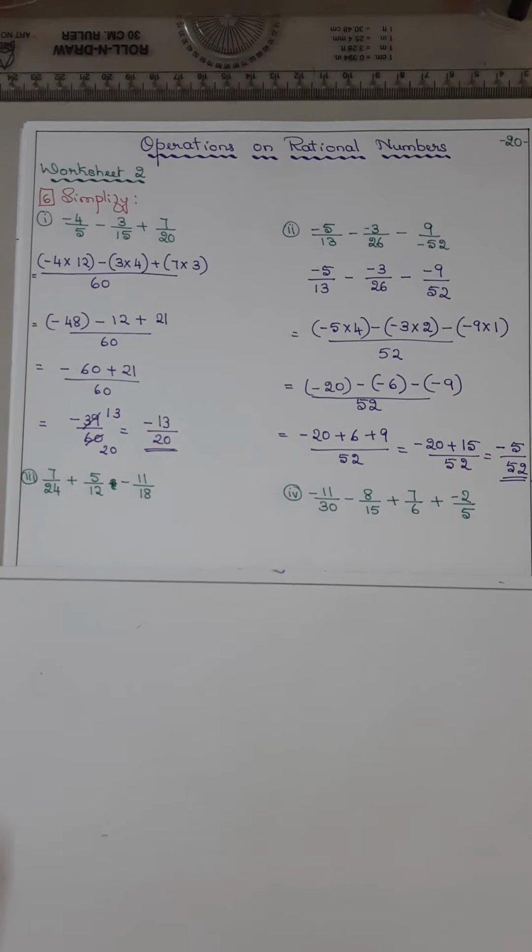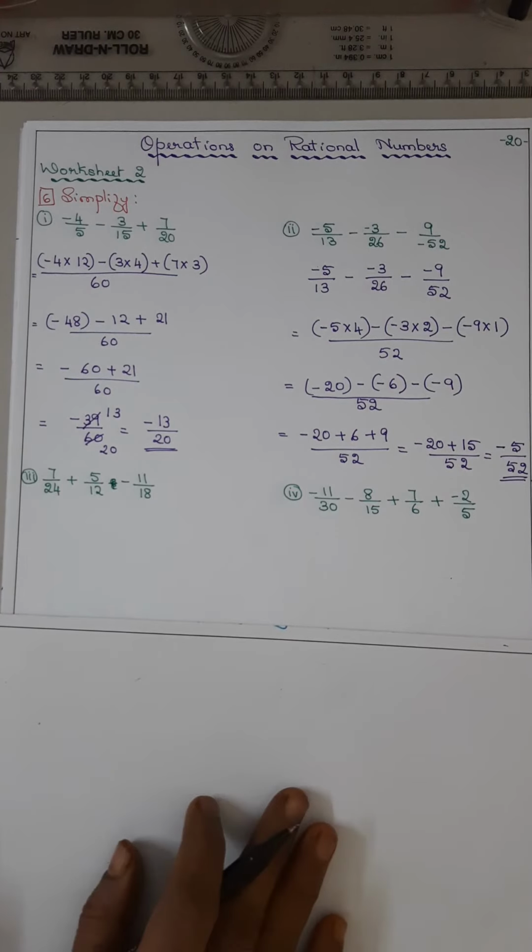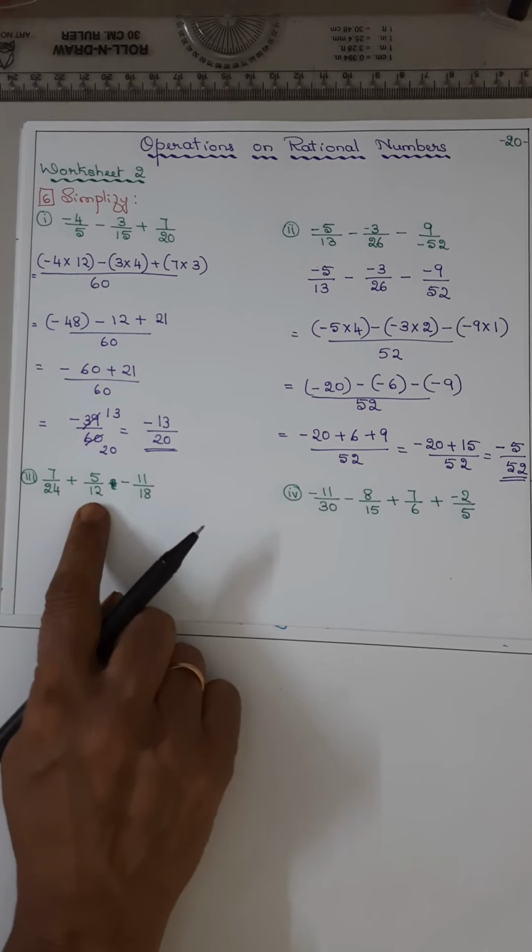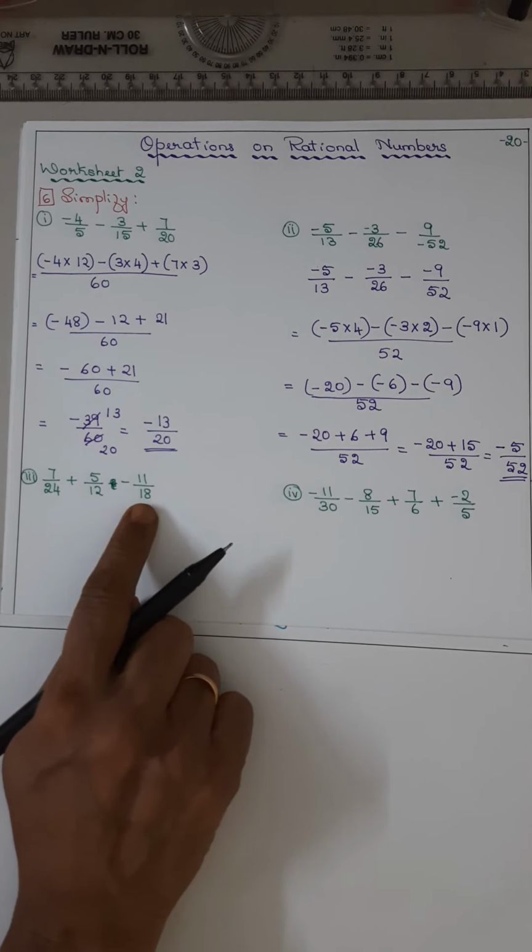समझ में आया? We'll discuss the third one now. So for the third one, it is 24, 12 and 18. बड़ा नंबर 24 है. So 24 ones are 24. Here 18 twos are 36, isn't it?